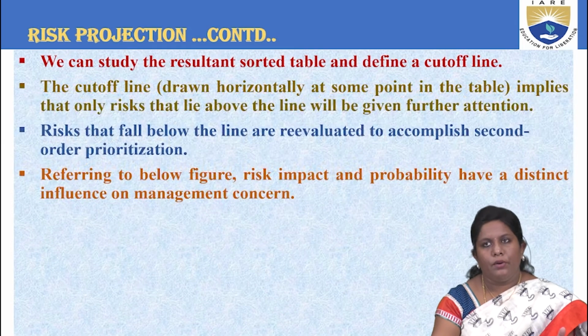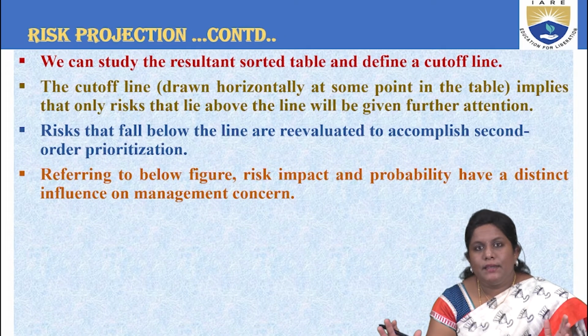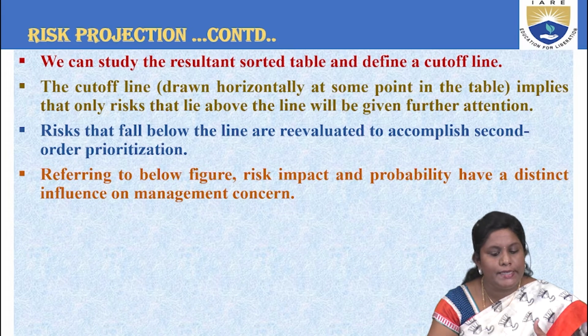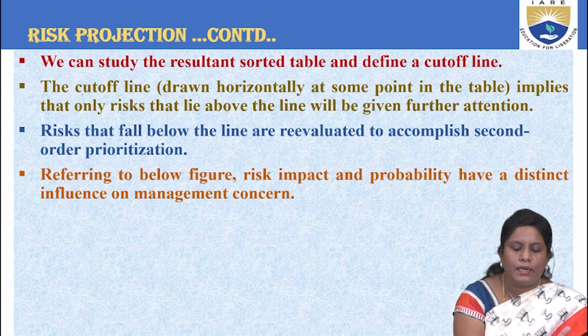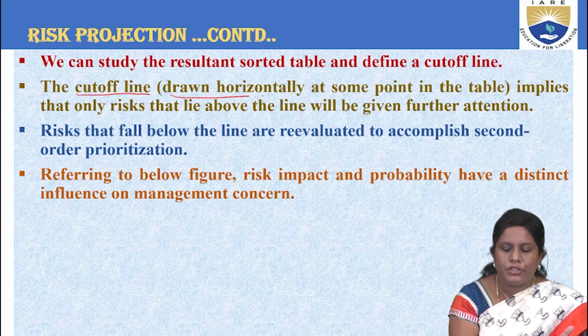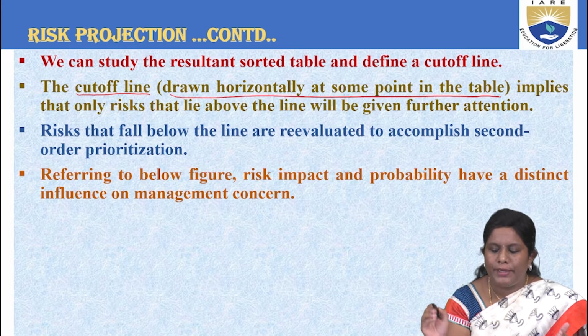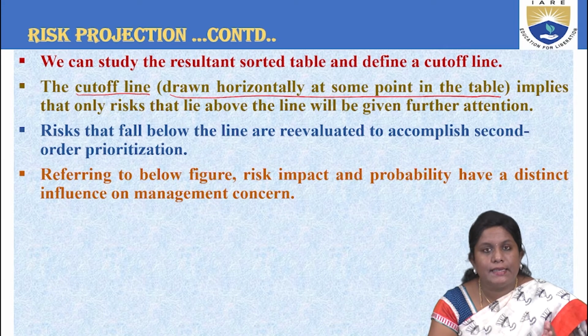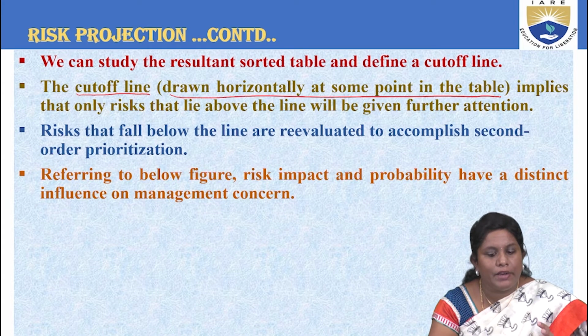Now once the table is ready, you do the sorting, bringing the high priorities up and the low priorities down. Next, we have something called the cutoff line. The cutoff line is drawn horizontally at a point in the table. We can study the resultant sorted table and define a cutoff line.